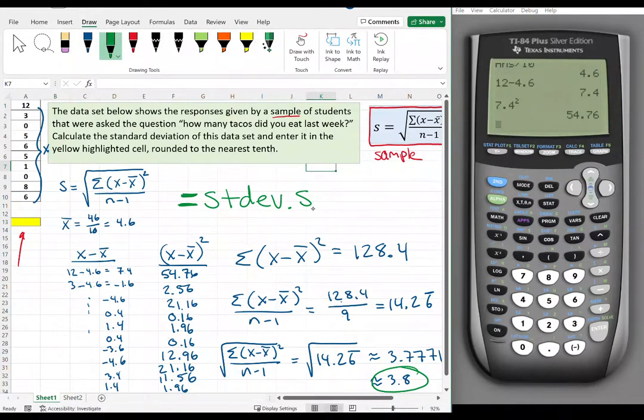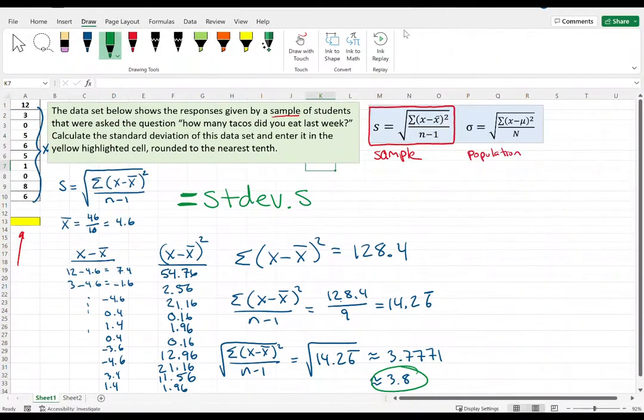Remember, they're going to be slightly different numbers, because in the sample version, we're dividing by n minus 1. In the population version, we're dividing by n. And in parentheses is the location of the data. So that's going to be A1 through A10.